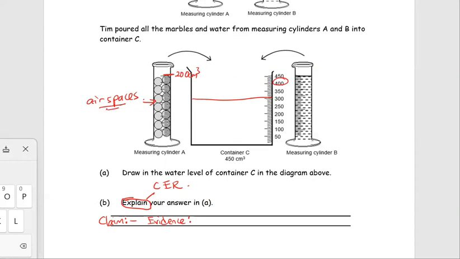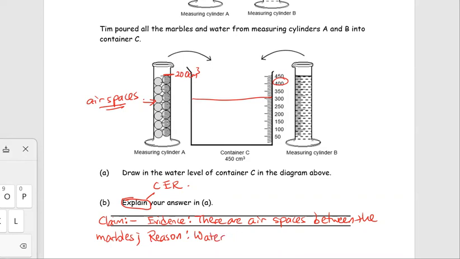I see that there are air spaces between the marbles, in between the marbles. Okay, that's it. So that's my evidence. This is what I see. And because of air spaces, so what? Why wouldn't the water level go up? Because the water will occupy the space.